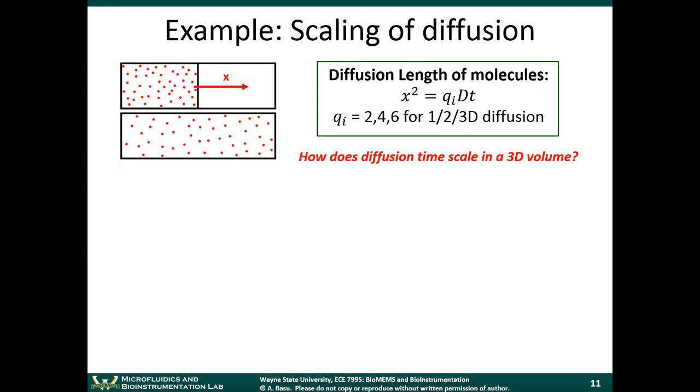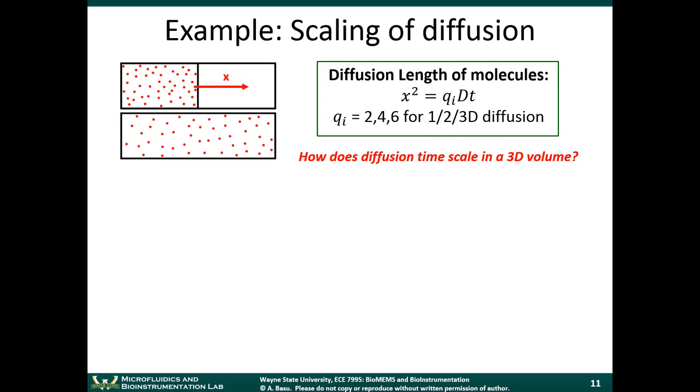So at the microscale, diffusion, concentration gradients equalize out very quickly. What does this mean? Well, if we want to mix up a solution, a lot of times with biological tests, we have to mix up the reagents together.